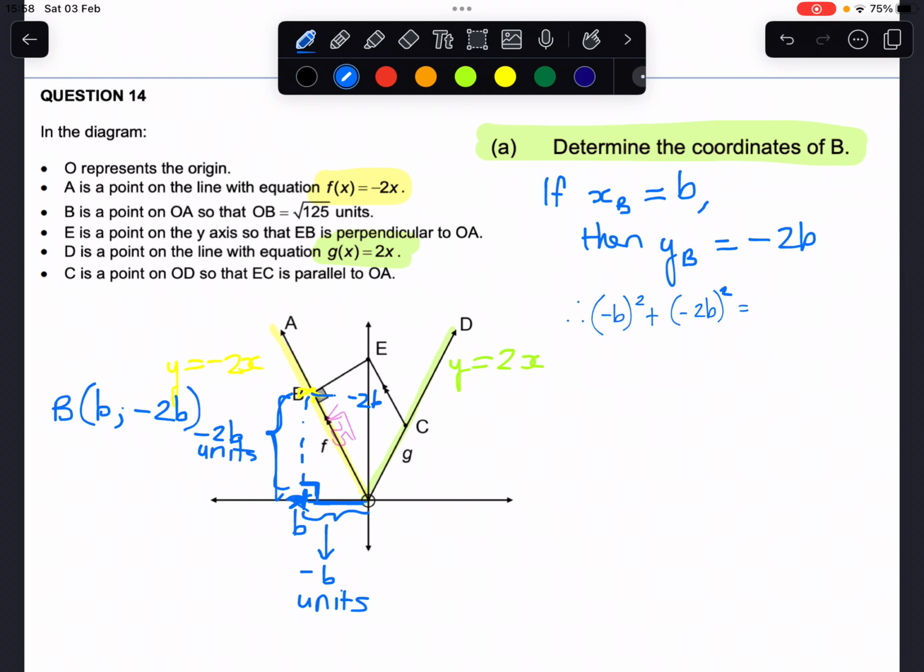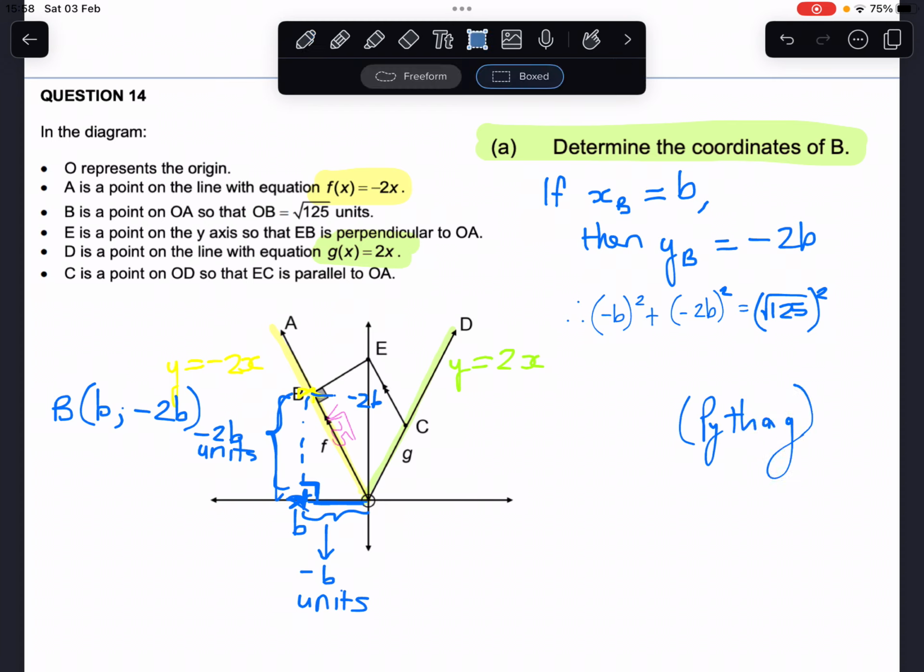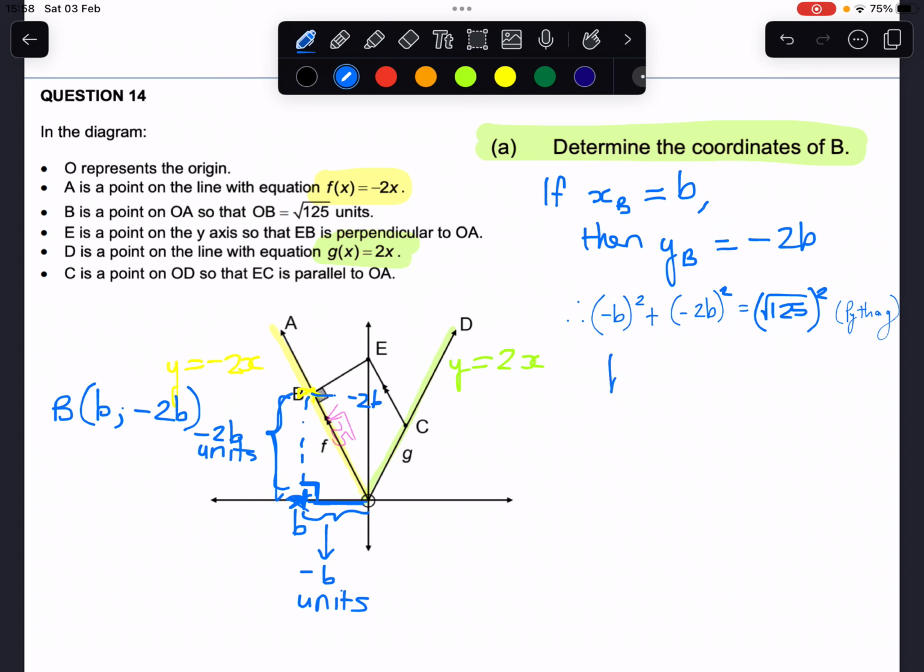Right, is equal to that guy squared, and that is because I'm just going to write it big over here and then shrink it. That is because of Pythag. Okay, right, and so we have just b squared plus 4b squared is equal to 125.